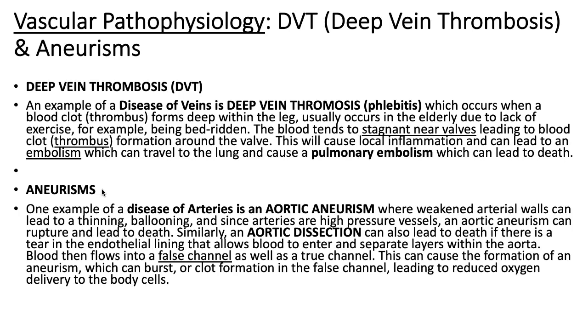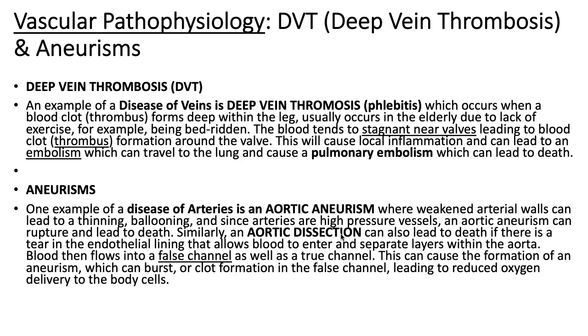The other aneurysm I want you to know about is aortic dissection. And in an aortic dissection, the tunica intima peels away from the tunica media due to damage, and that causes a false channel. So blood is going to go into one part of the aorta and then the false channel of the aorta, where you can have clotting occur, where you can have an aneurysm occur, and that is a serious medical emergency.